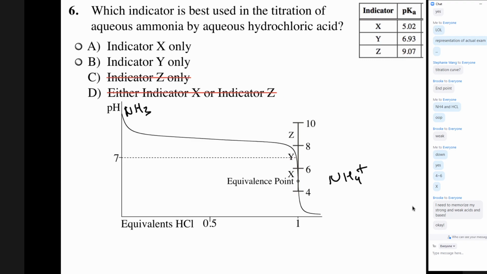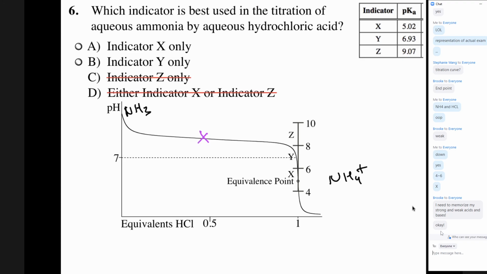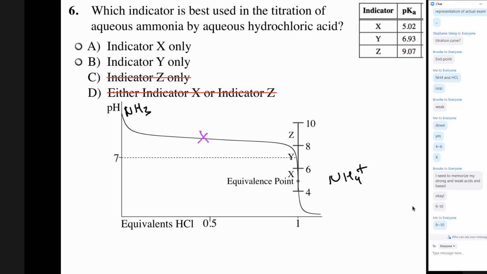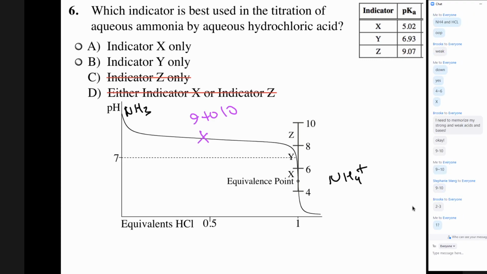Quick estimate. What is the pK for ammonia? And if you don't know it, tell me what the amino terminal is, roughly. 9 to 10. Perfect. And tell me what the pH of a strong acid is, roughly. 1-ish. Perfect.